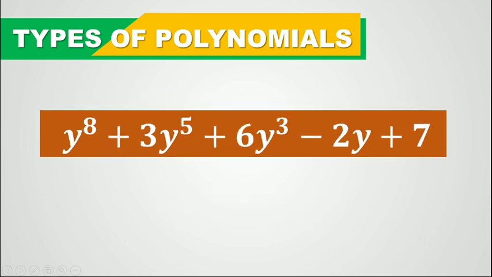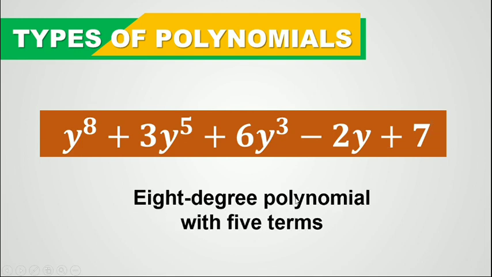How about this? So the highest exponent is 8, and then we have 1, 2, 3, 4, 5. 5 ka terms. So therefore, this is an 8-degree polynomial, or polynomial because there are more than 3 terms. So specifically, there are 5 terms naman. So 1, 2, 3, 4, 5. So therefore, this is called an 8-degree polynomial with 5 terms.